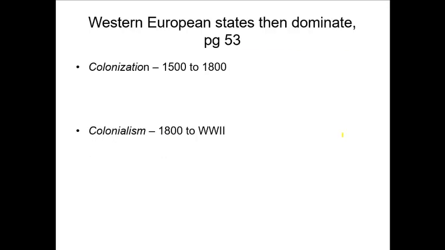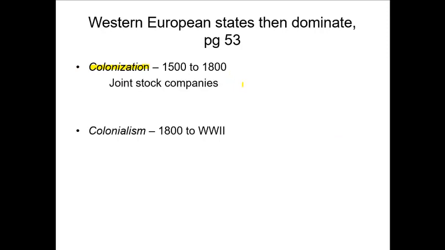Now, once the European states became so powerful, then you could argue they dominated the rest of the world because they could, and for that first 300-year period, from 1500 to 1800, we have what is typically called the period of colonization.